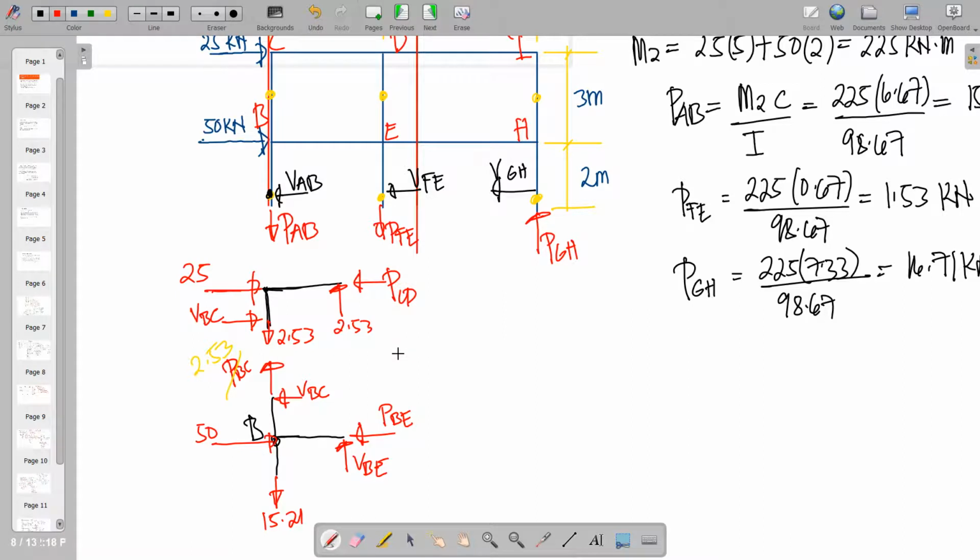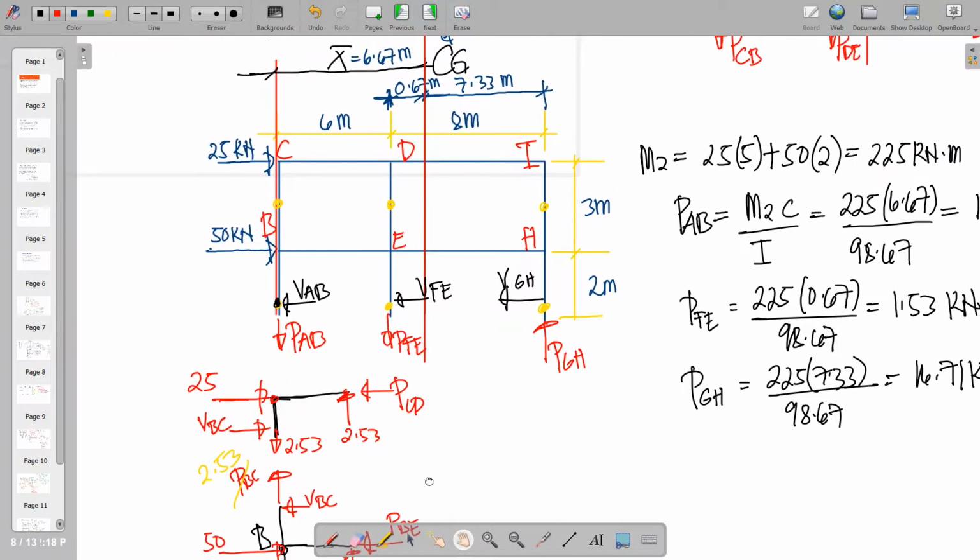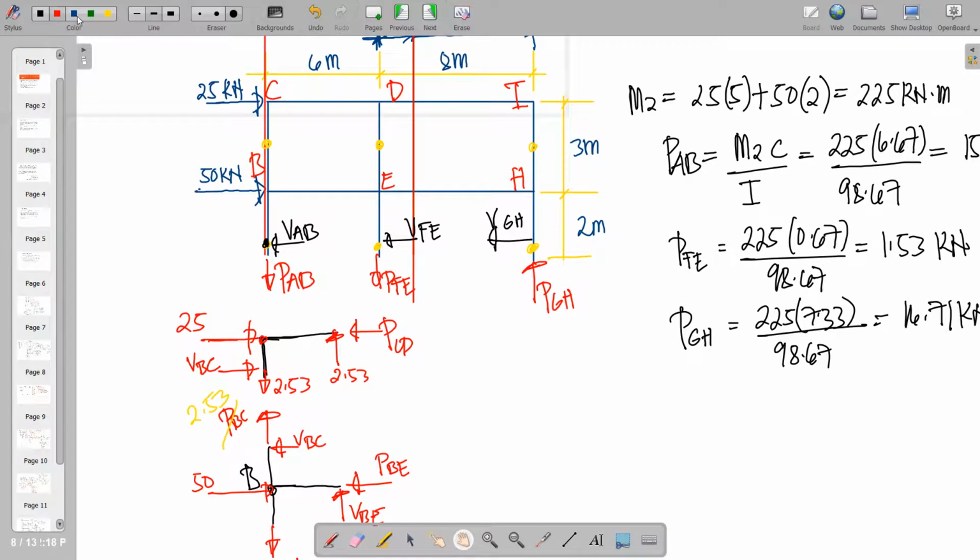Okay, so what can we get from that? If we're going to take moments at this point, observe that we can get the value of VBC. So this point is point C. So we take moments on this one.